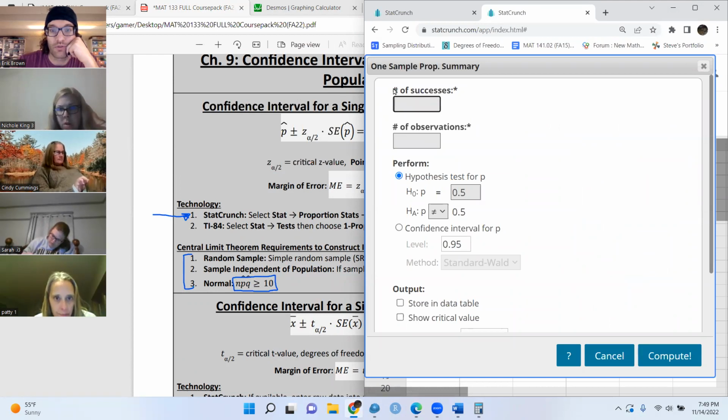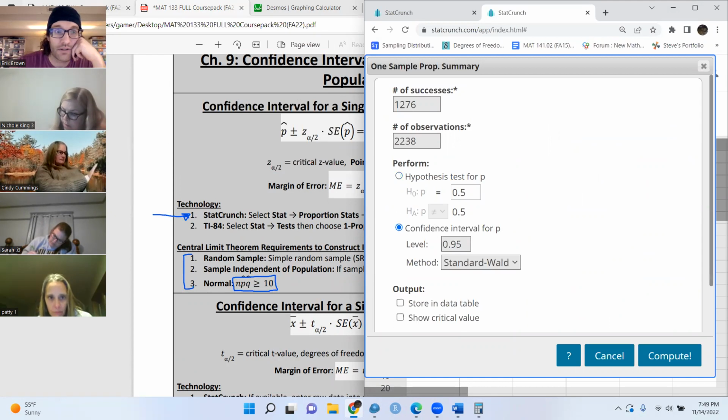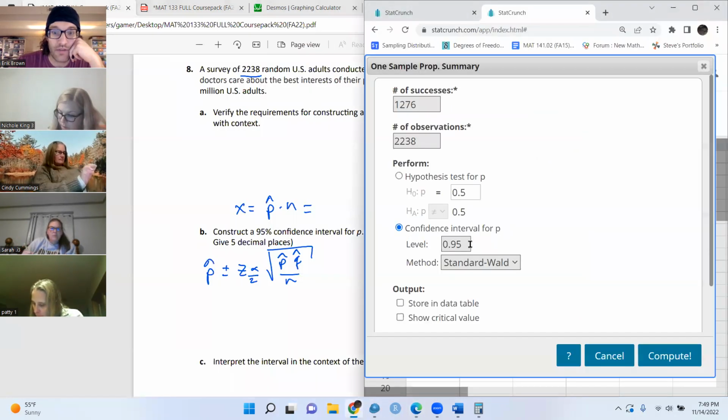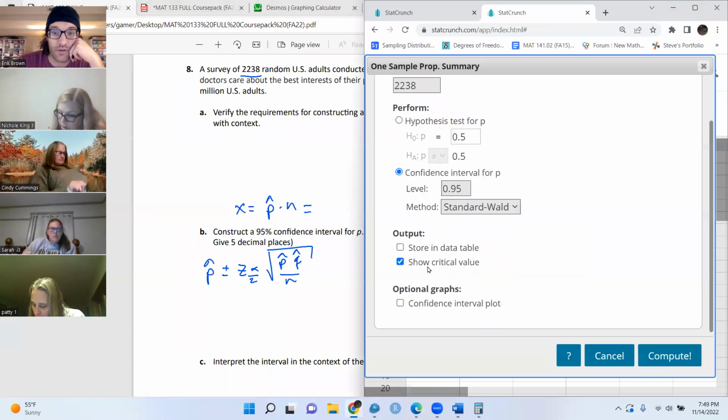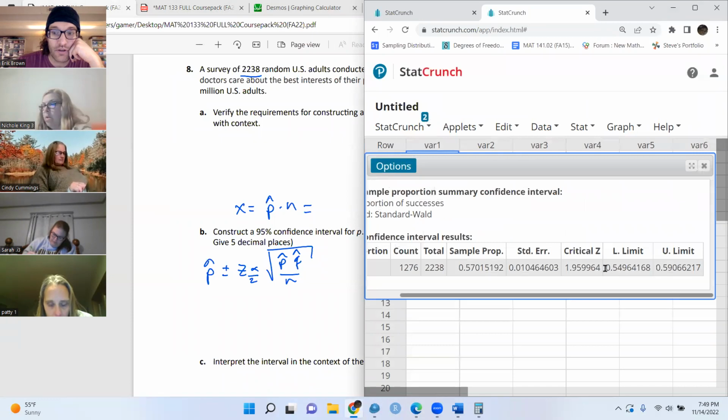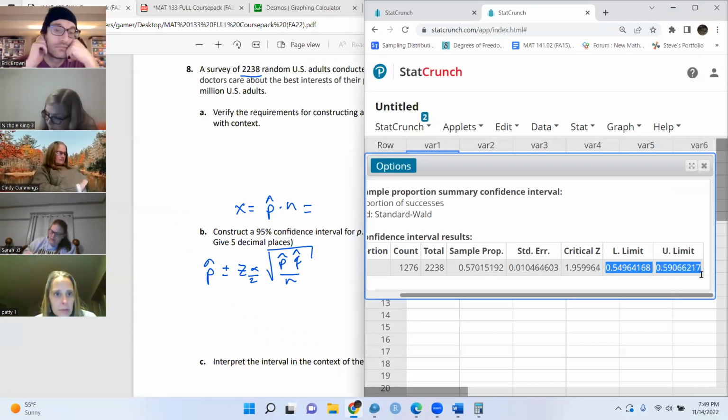Remember I told you all to write down that X is the same thing as number of successes. That was 1276. Observations 2238. This is a confidence interval. We want 95% confidence in our result. We want to show the critical value and compute. And here's your lower limit and upper limit. Is that what you all had?